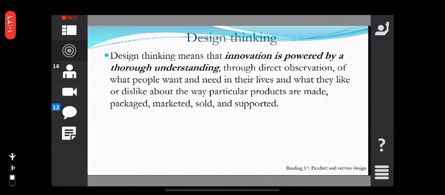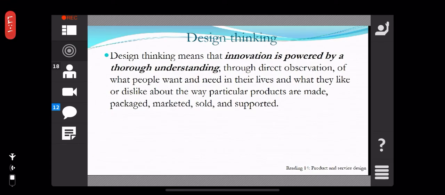It's basically why companies are designing, good designing. Of course, design is used for attraction. Design thinking means that innovation is powered by a thorough understanding. It's basically the understanding of customers. Once you understand your customer, based on their understandings, you will change or design your product or services.